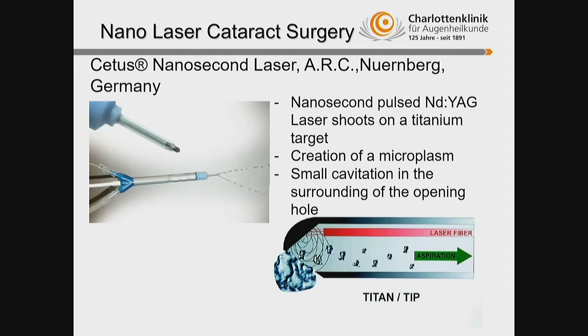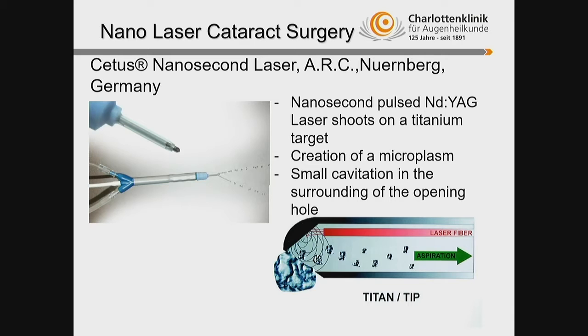So there's no need to protect the surgeon or the patient from the laser. There's a nanosecond pulse neodymium YAG laser inside this titanium tube shooting on a target and thereby creating a microplasma and only a small cavitation in the surrounding of the opening hole, which, as you can see here in the graph, is angulated to the side.